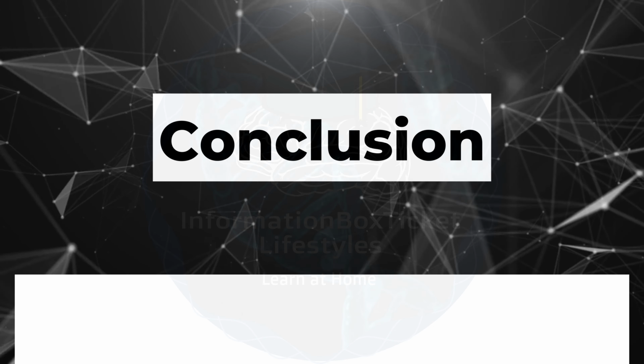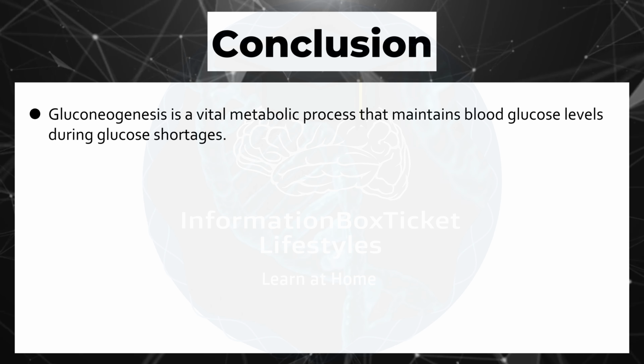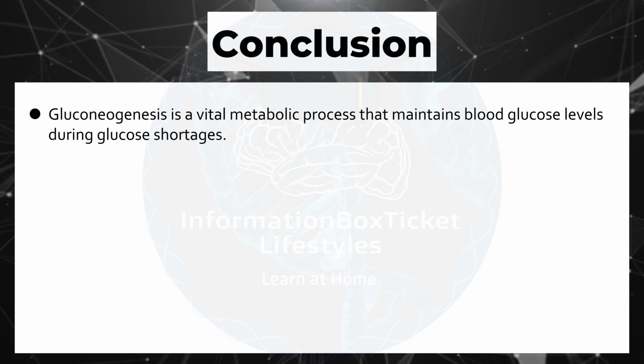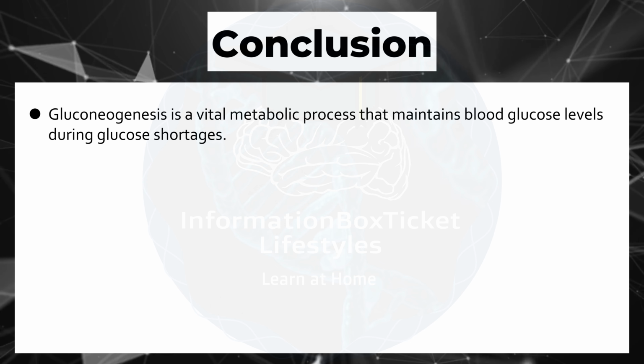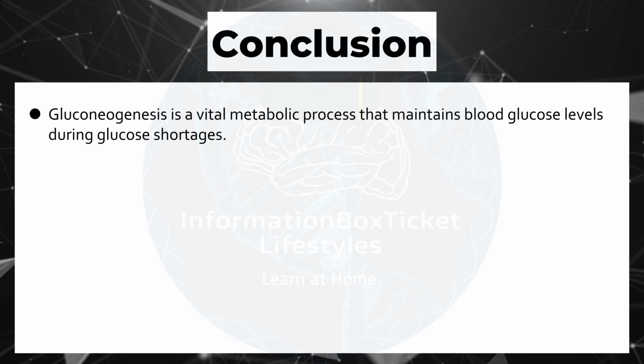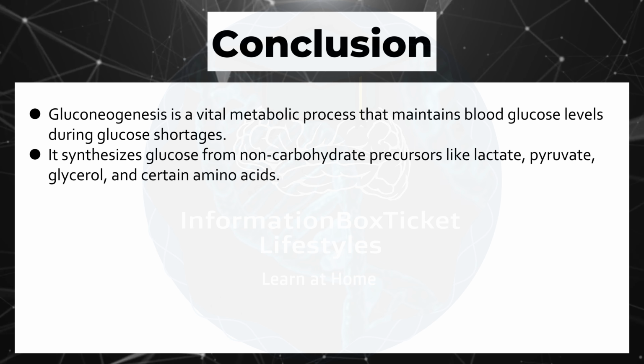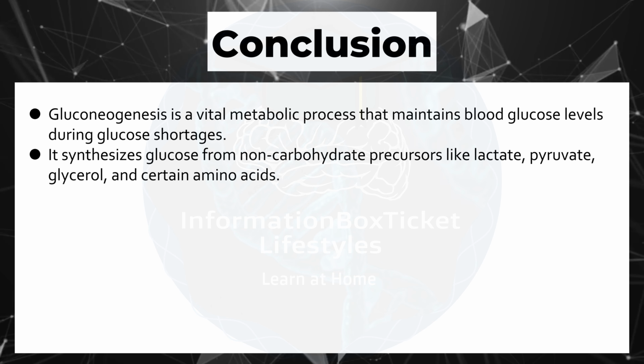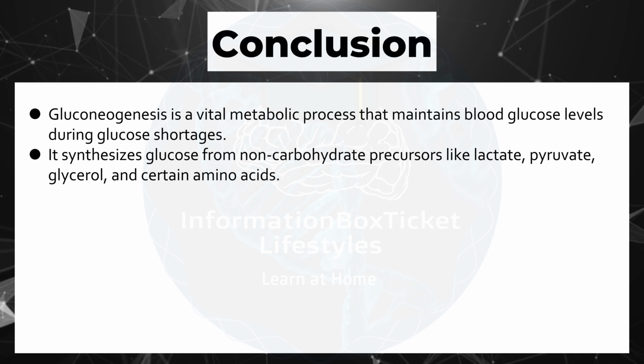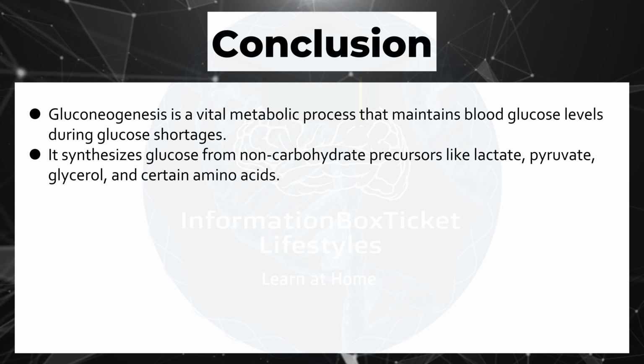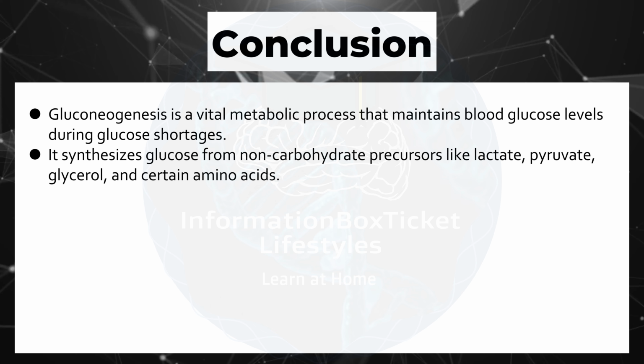Conclusion. Gluconeogenesis is a vital metabolic process that maintains blood glucose levels during glucose shortages. It synthesizes glucose from non-carbohydrate precursors like lactate, pyruvate, glycerol, and certain amino acids.